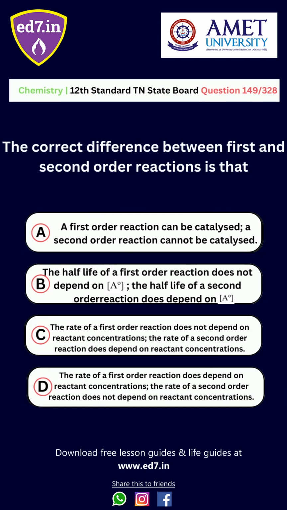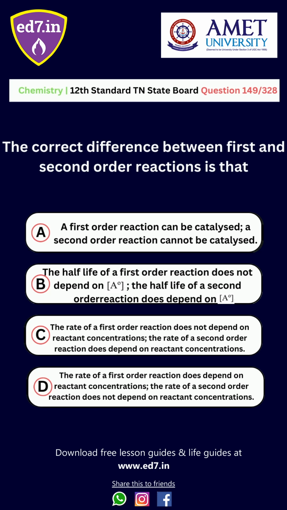Question number 149. The correct difference between first and second order reaction is that: option A, a first order reaction can be catalysed, a second order reaction cannot be catalysed. Option B, the half-life of a first order reaction does not depend on initial concentration; the half-life of a second order reaction does depend on initial concentration.